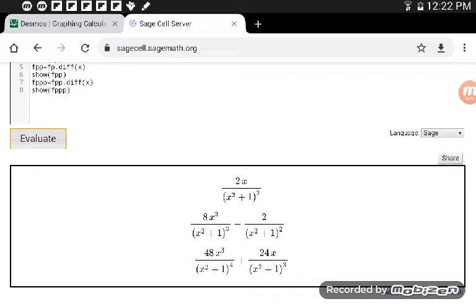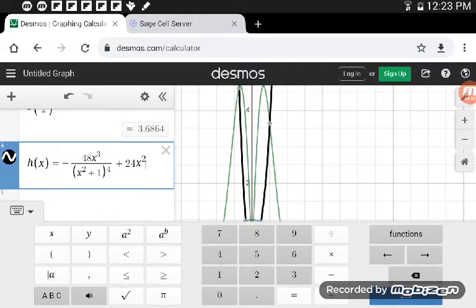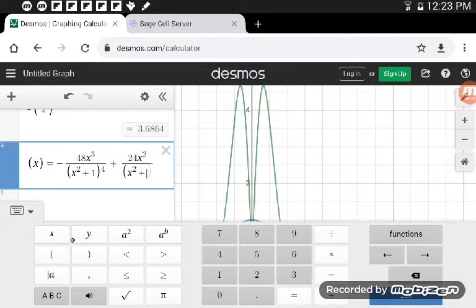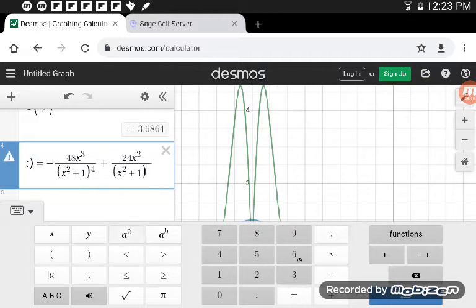And then plus, and we had a 24, and I think was that x squared, and then divided by x squared plus 1 to the third.